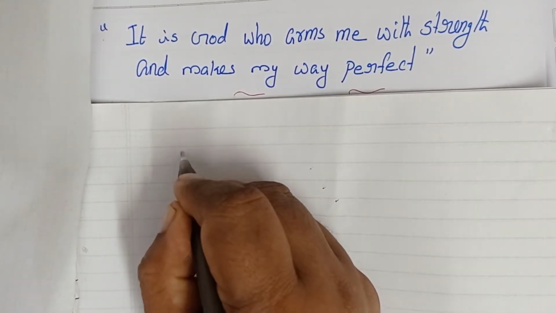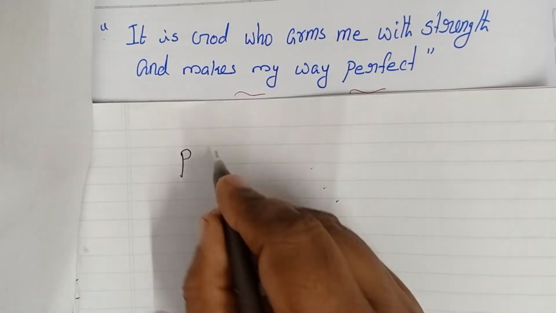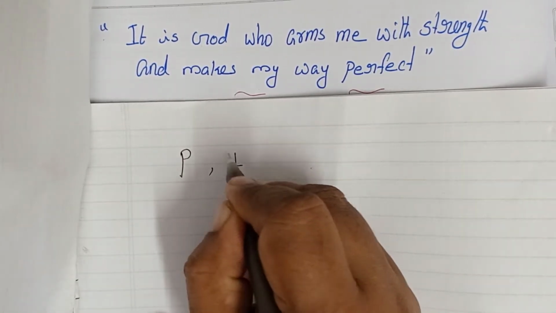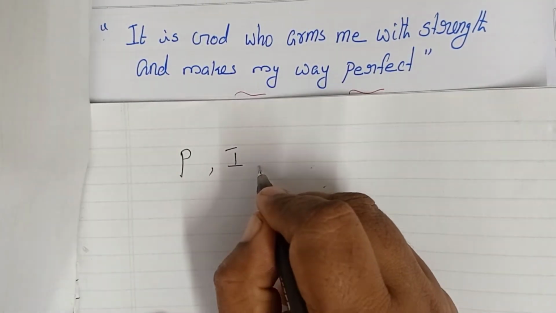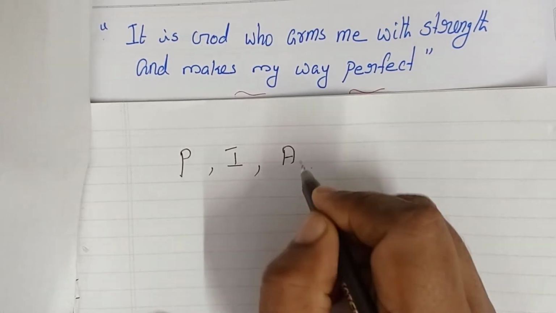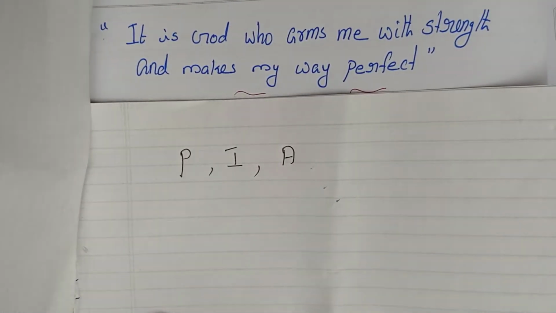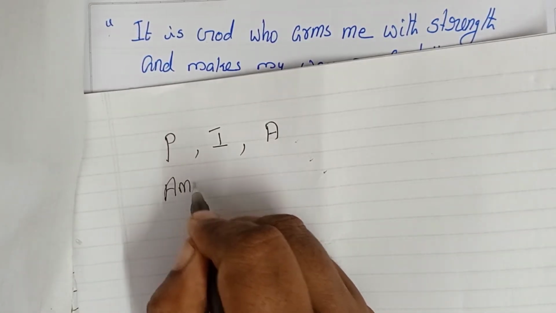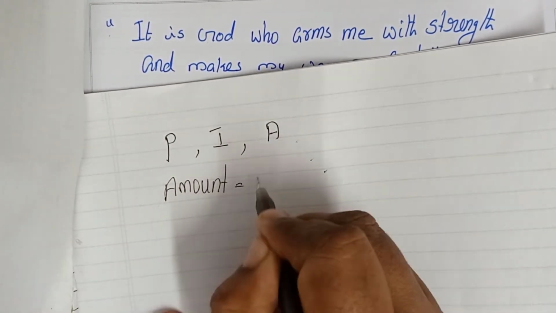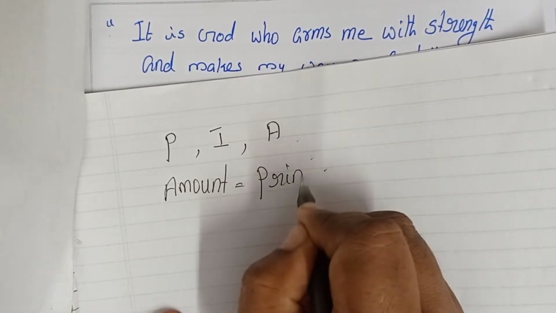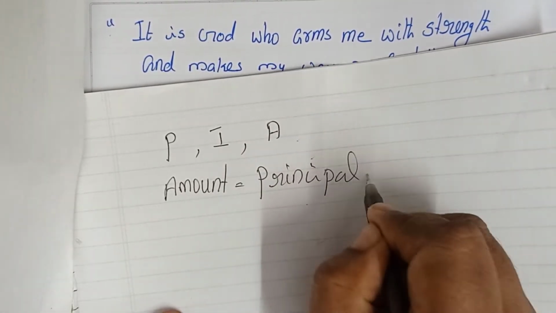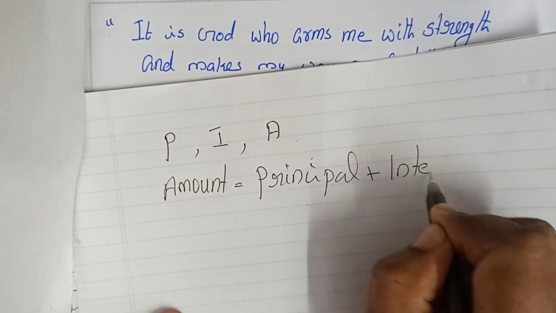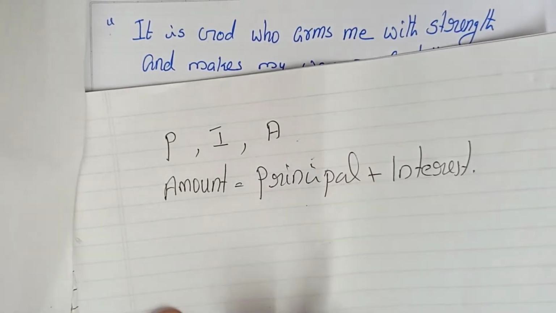One is the principal P and the second one is the interest I and the last one is amount A. And you know that amount is equal to principal plus interest. Understand?